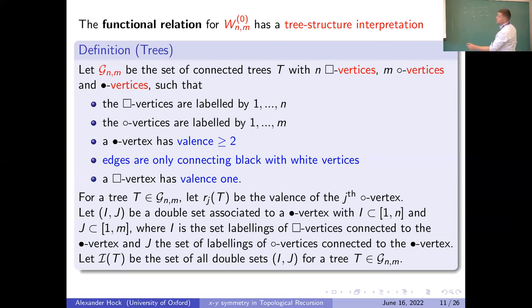Then they are labeled from 1 to N. They are labeled from 1 to M. Then the black vertices have valence greater or equal than 2. The square white vertex has valence 1.